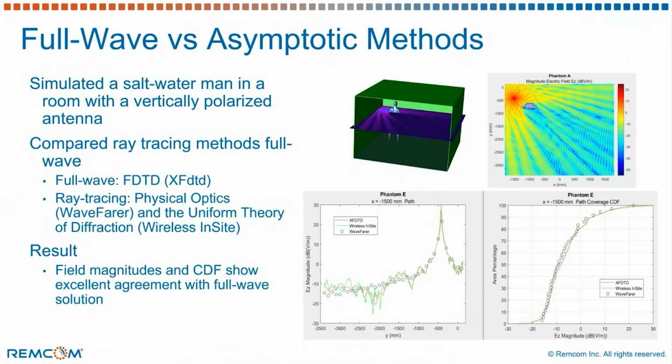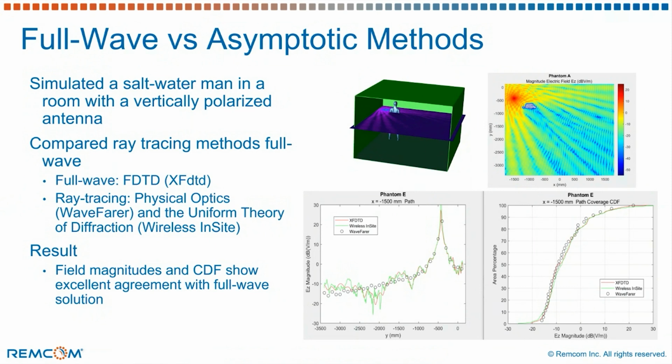So now comparing all these methods together against each other, where full wave, going back to the initial chart where we saw the utilization of XFdtd against consumer electronics and near field design, and then asymptotic models for long-range communications.